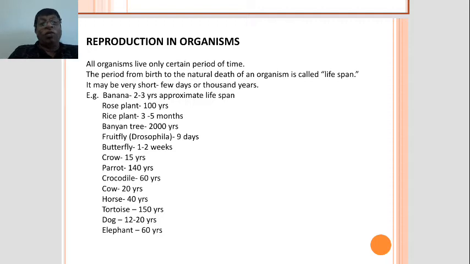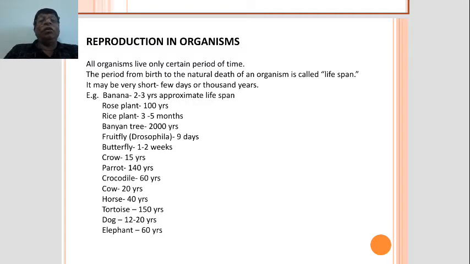What about crow? The crow lives 15 years. But parrot, there are different species of parrot also. So the highest lifespan is 140 years. We can't imagine, because parrot is a bird.